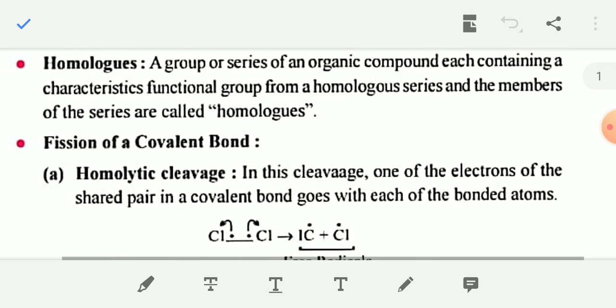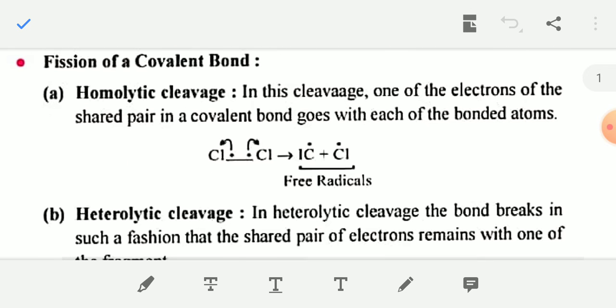Okay, first you have to read about types of fission of a covalent bond. First one is homolytic cleavage or fission. In homolytic cleavage, one of the electrons of the shared pair in a covalent bond goes with each of the bonded atoms.